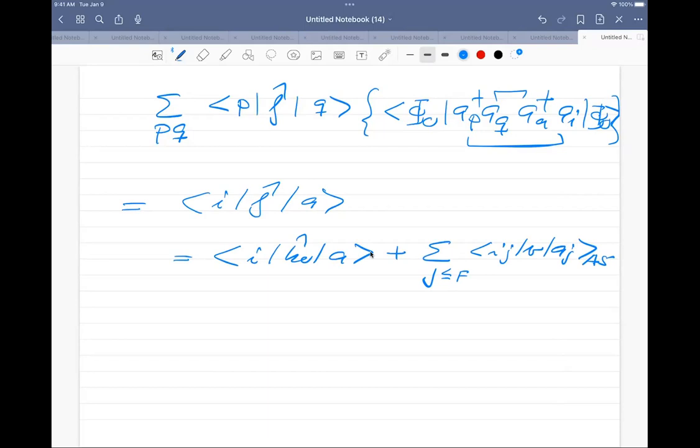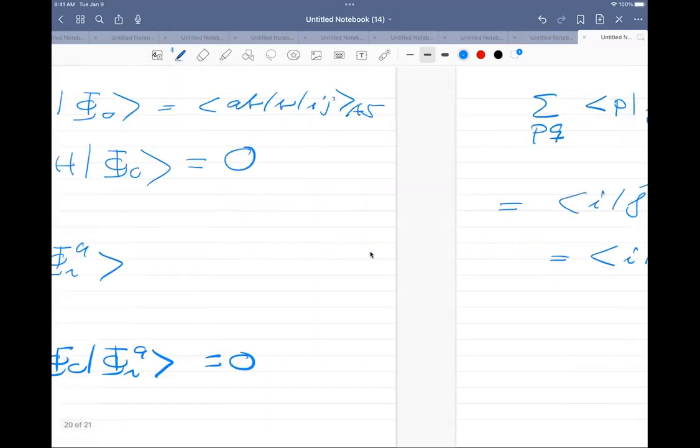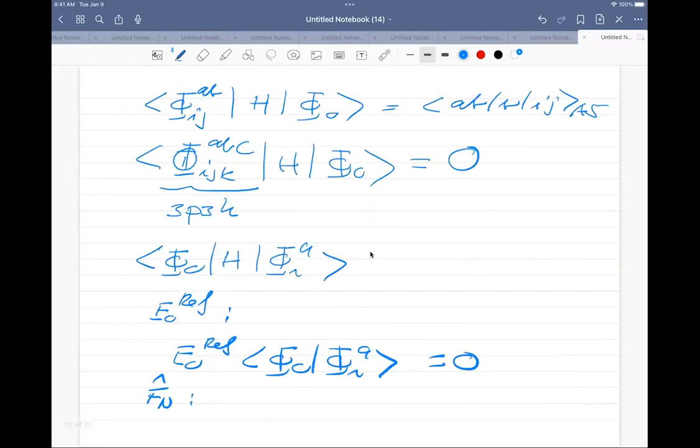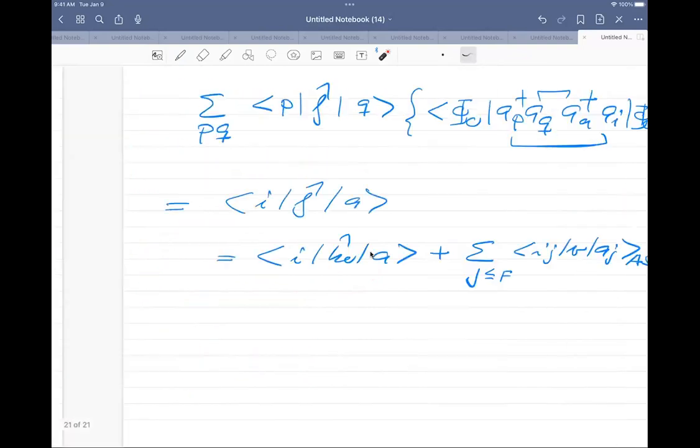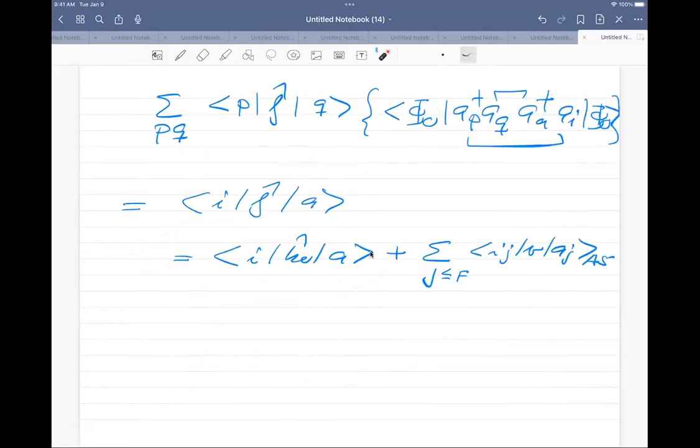Now, when we are going to do Hartree-Fock theory, I'm just anticipating what it means mathematically. When you do a Hartree-Fock calculation, you are going to find a unitary transformation which drives these matrix elements to 0. So when you solve the equations, you are going to drive these specific matrix elements to zero.